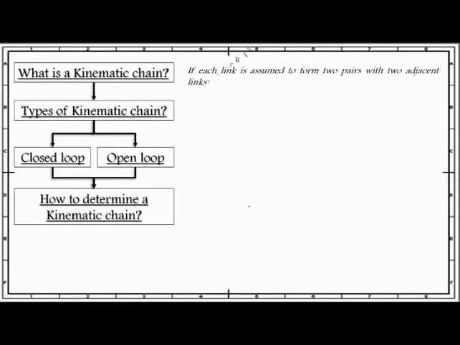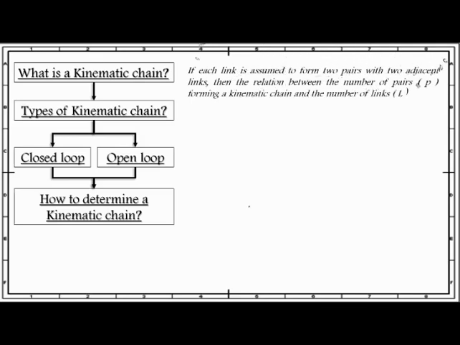Thus, if each link is assumed to form a pair with two adjacent links, then the relation between the number of pairs forming a kinematic chain and the number of links may be expressed in the form of an equation L equals 2P minus 4, where L is the number of links and P is the number of pairs. Since in a kinematic chain each link forms a part of two pairs, there will be as many links as the number of pairs.